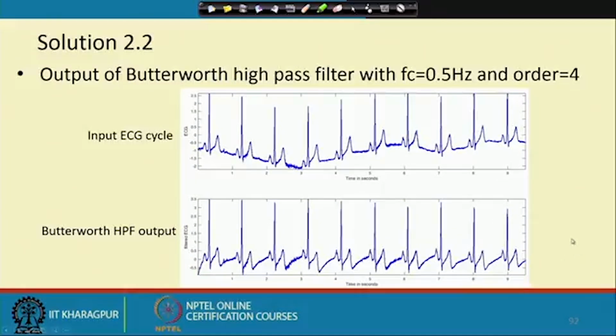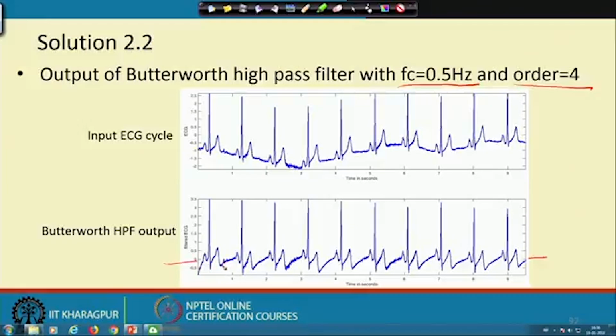Now, from that experience we come back to the frequency 0.5 hertz, one of our previous choices, and the model order is increased to 4. With that we again get a much better output. The baseline artifact has gone to 0, the baseline has come to a horizontal line passing through 0, and our QRS complex looks very similar to the original one.